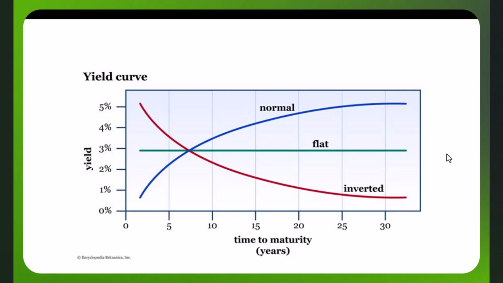Because if the economy is not doing well, it's likely that the Fed will be lowering interest rates in the future, causing rates on longer-term bonds to be lower than on shorter-term bonds. And of course, we can have a flat yield curve, that is, the rate is the same regardless of the time to maturity.